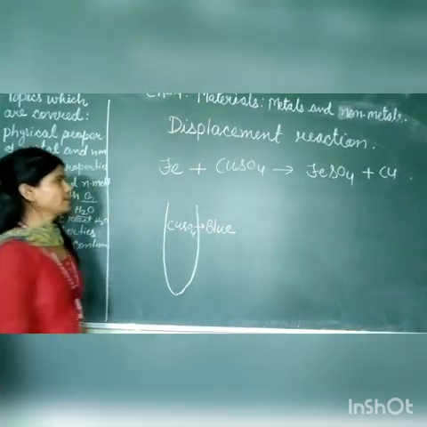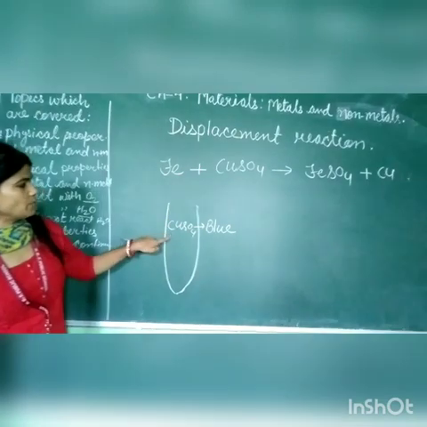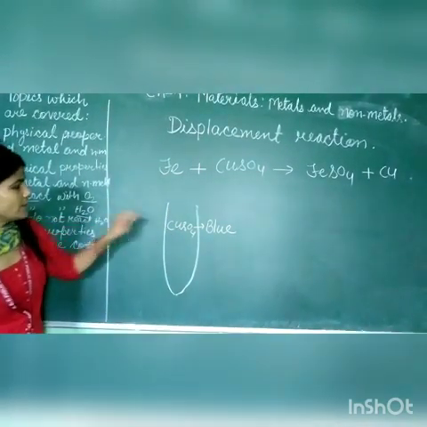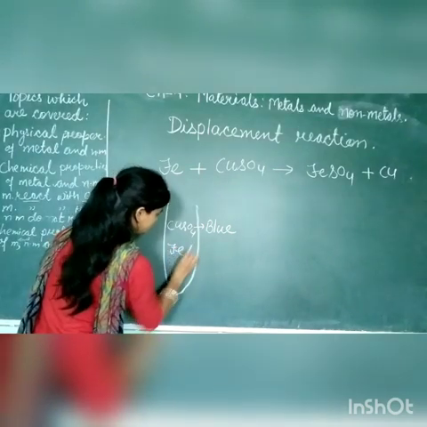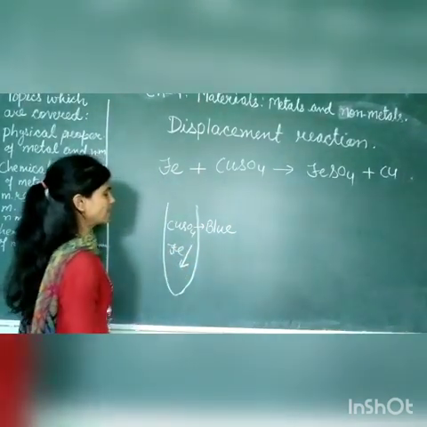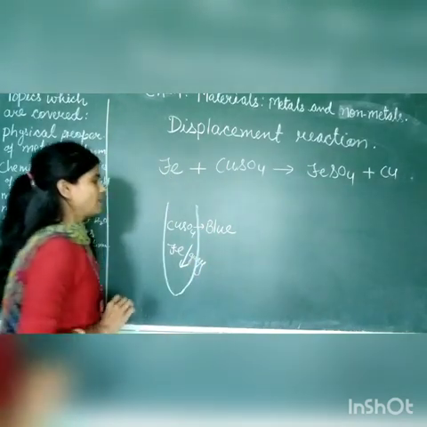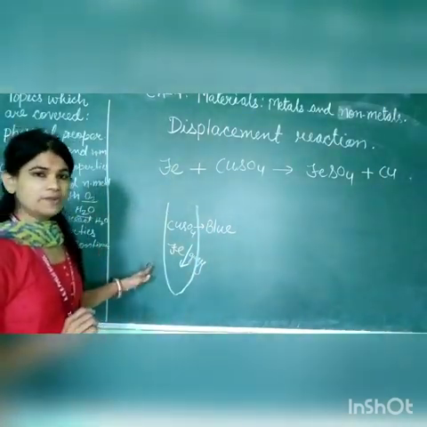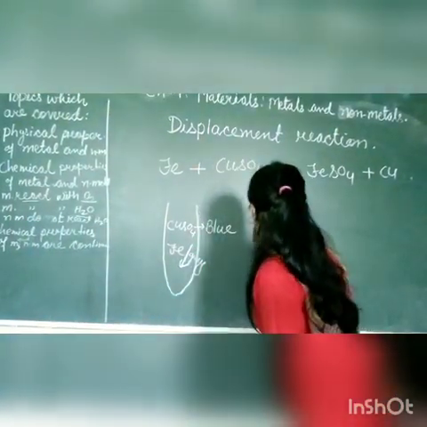After that you will put iron here, an iron nail. The color of the iron nail is grey. You will leave this experiment for some time, and you will see after some time.